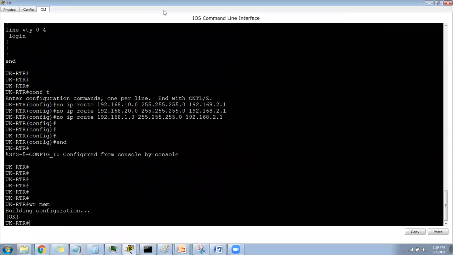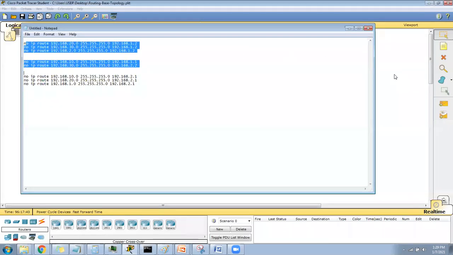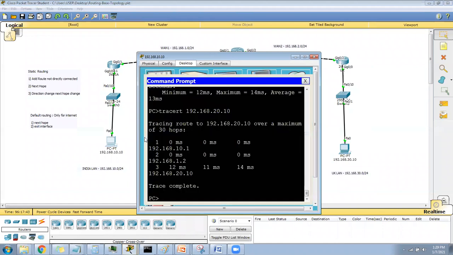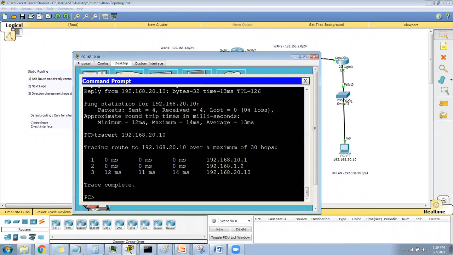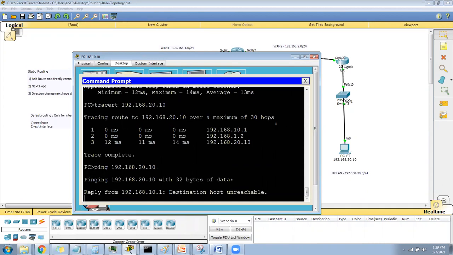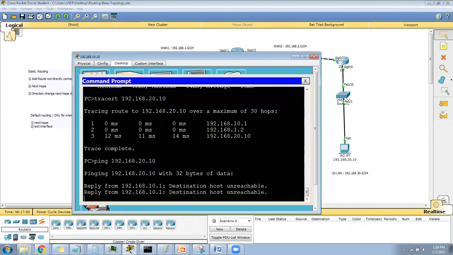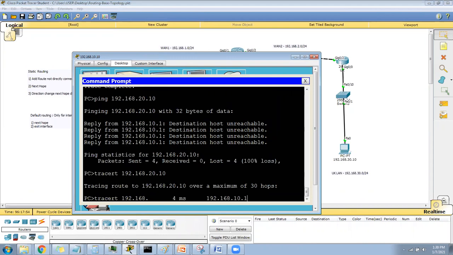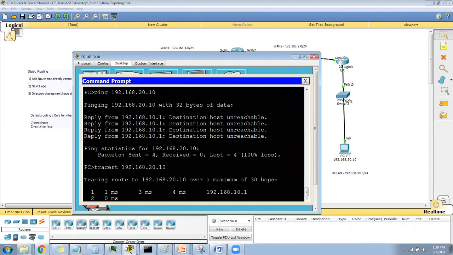So my static route is removed. My question to you: can I ping now? See the ping result to 20.0. What is the router saying? Destination host unreachable. It is reaching its gateway first. The gateway is nothing but the router, and the router doesn't have the routes.